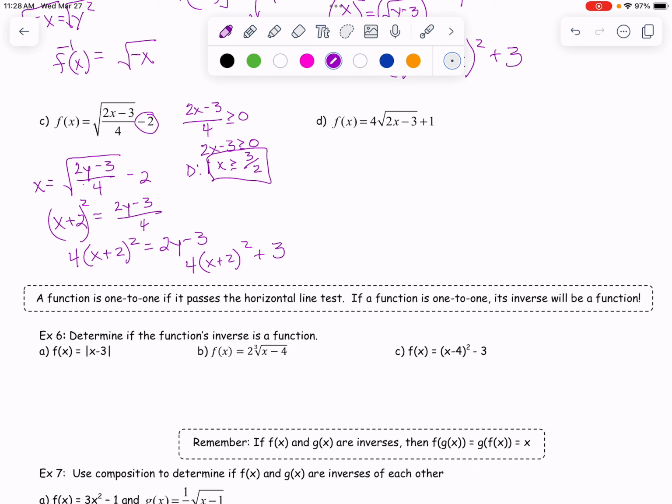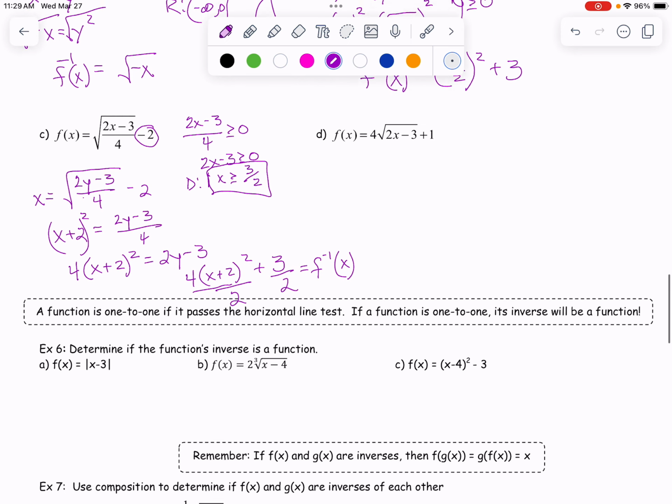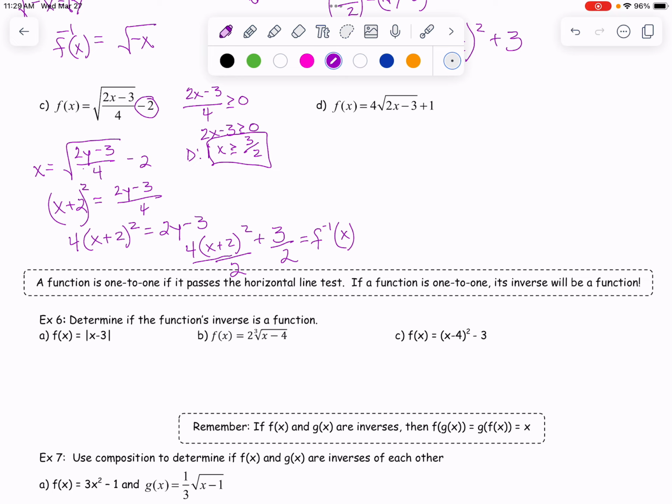And I'm going to divide everything by 2. So I'm only looking at half of the graph. So your domain, you can see that it became your range because this has been moved up 3/2.